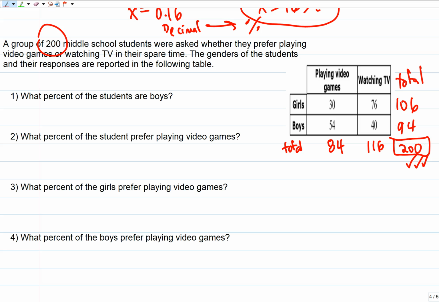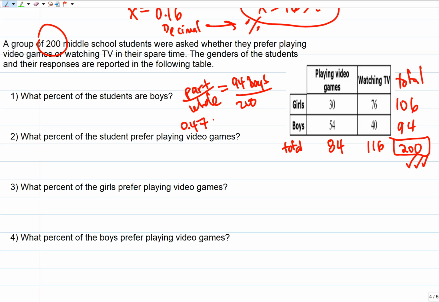So what percentage of the students are boys? Well, I already encouraged you to think of percentage as what? Part over whole. What part are boys? There are how many boys total? 94 boys out of our total 200. 94 out of 200 is 0.47.